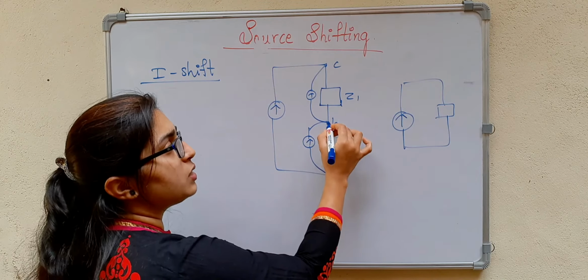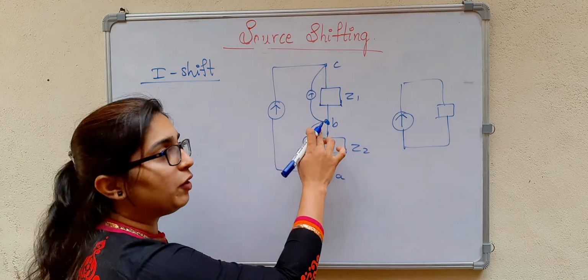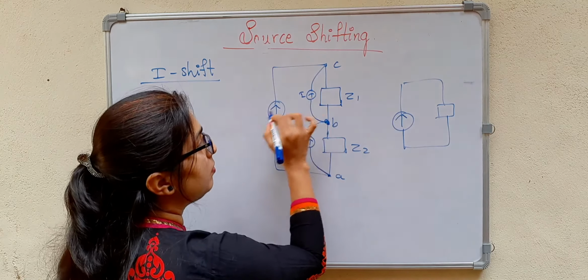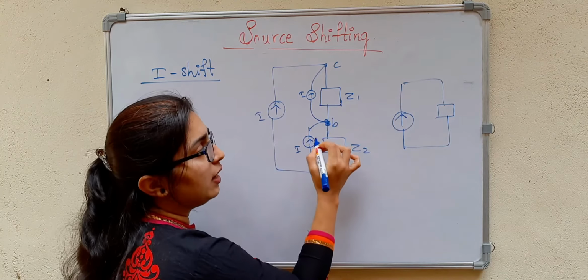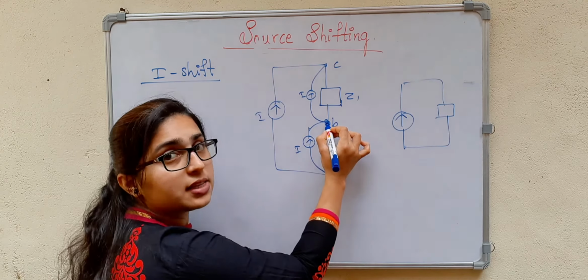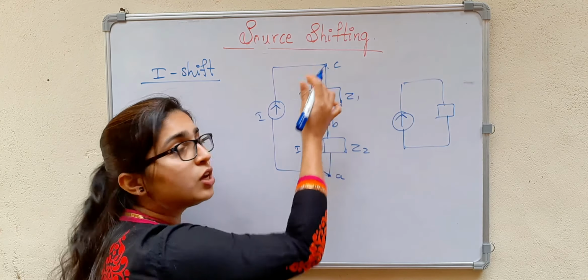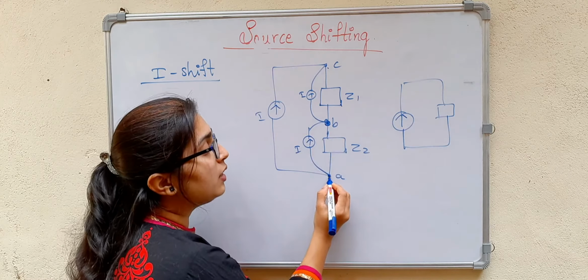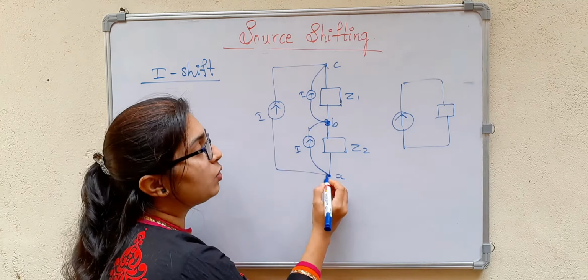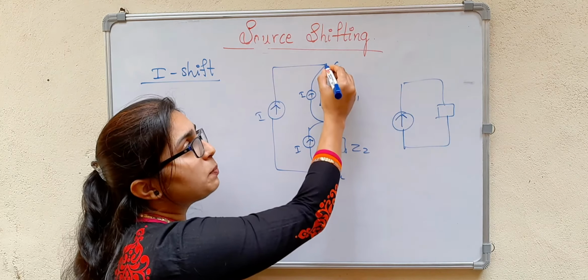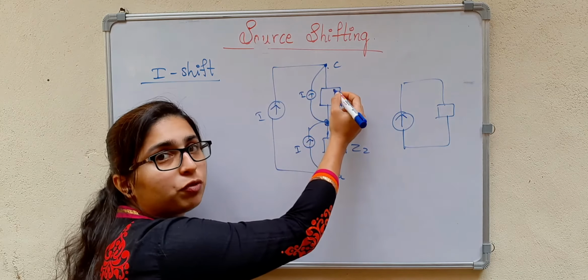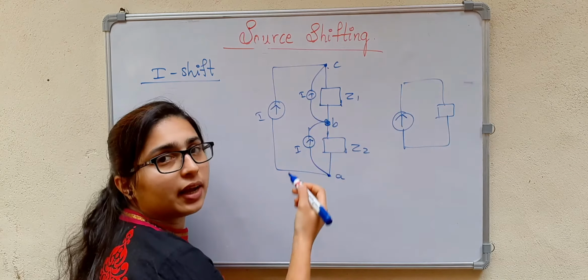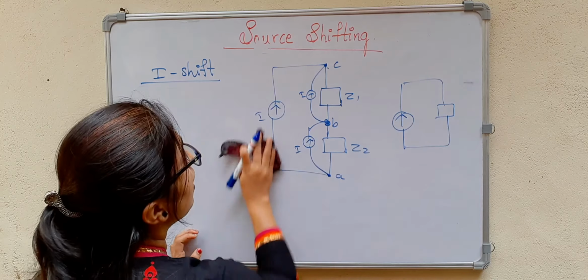See, at this node B, if I apply the KCL, current I is entering and current I is leaving. So before and after there is no change in this node B also. Here current was leaving and here also the current is leaving. At this particular node current was entering before shifting and here also current I is entering. Okay, that is after shifting.